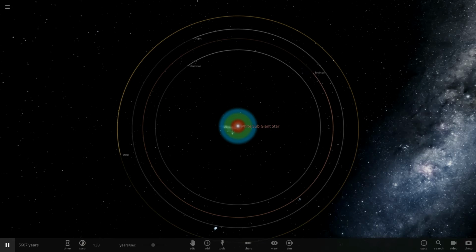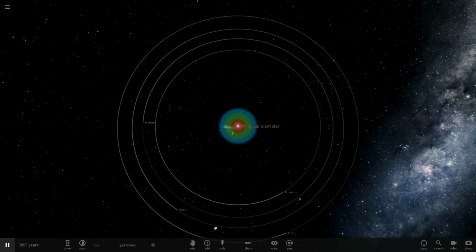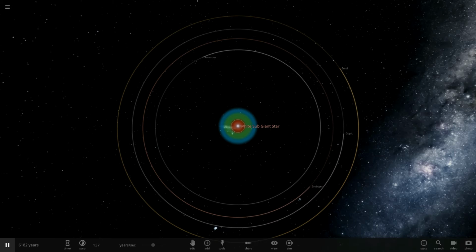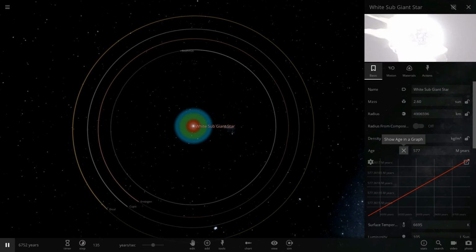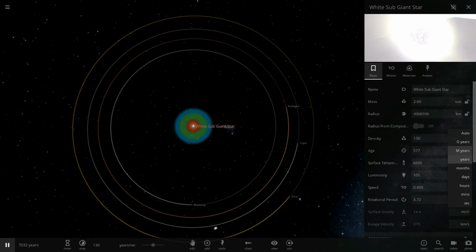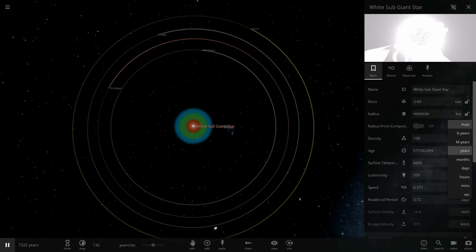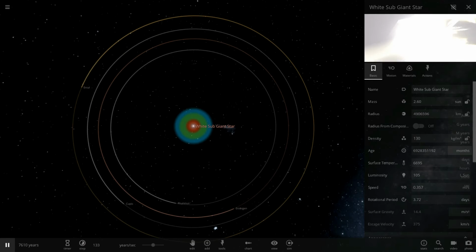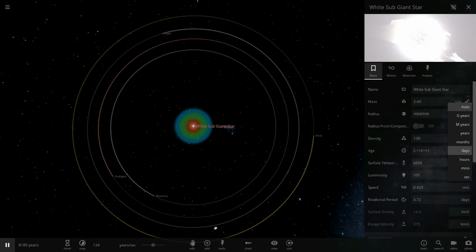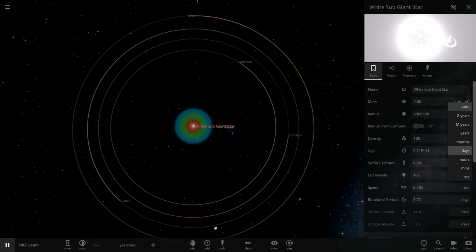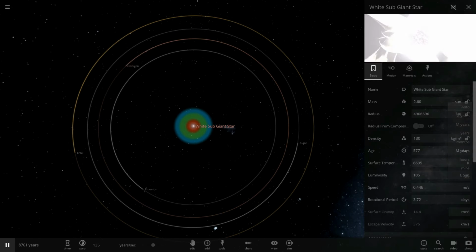I'm not sure if that Hablstone is moving or not, or is it just me? It's probably just me. So this star is aging fast: 2.11 to the power of E plus 11. That's crazy.